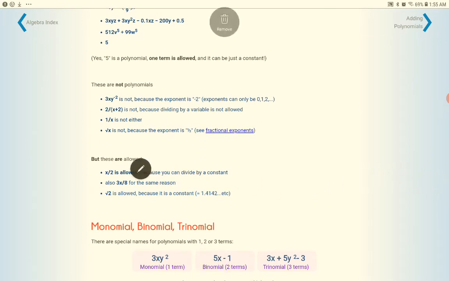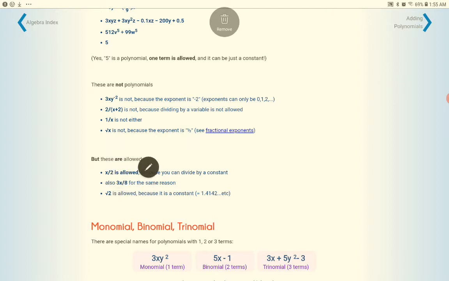So x over 2 is allowed because I can write 1/2 as the coefficient and x as the variable. The coefficients can be fractions, but the exponents can't. 3x over 8 can be counted as a polynomial because I can write that as 3/8 as the coefficient, and x is the variable and the exponent is 1.